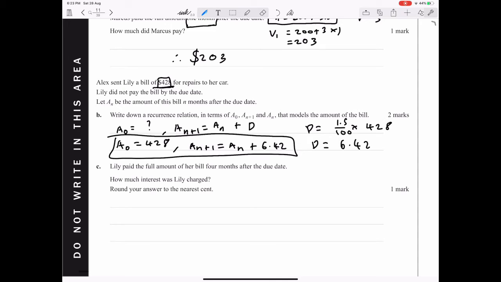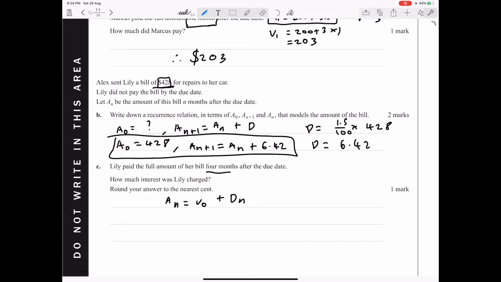6C, Lily paid the full amount of her bill 4 months after the due date. How much interest was Lily charged? Round your answer to the nearest cent. So to make calculations a little bit easier, we'll convert the recurrence relation to an nth term relation. The nth term relation would follow the rule AN equals V0 plus DN.